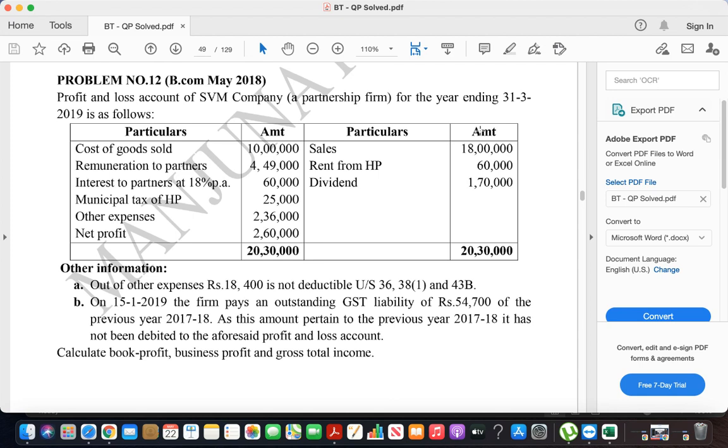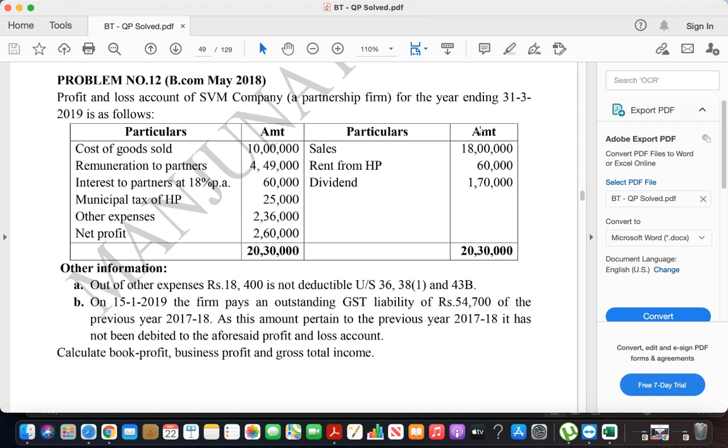Write down below. Calculate book profit, business profit, and gross total income.